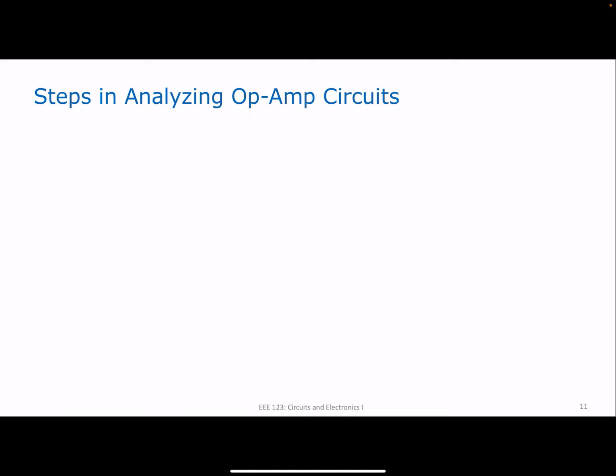Having said that, I now present a few simple steps in analyzing op-amp circuits, assuming that the op-amp is ideal. First, check that there is negative feedback. Check that part of the output is fed back into the inverting input of the op-amp.